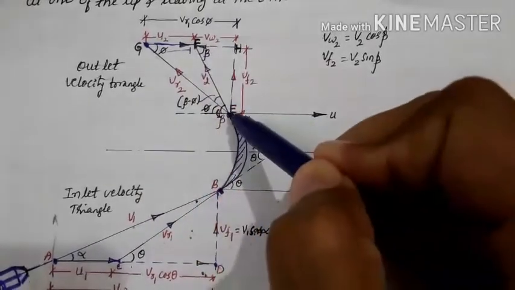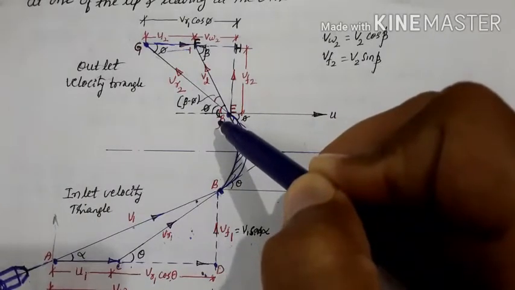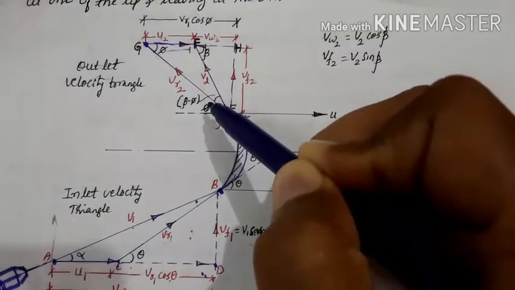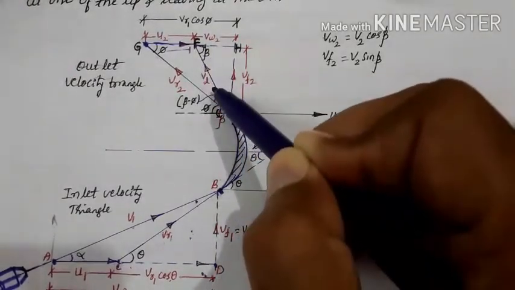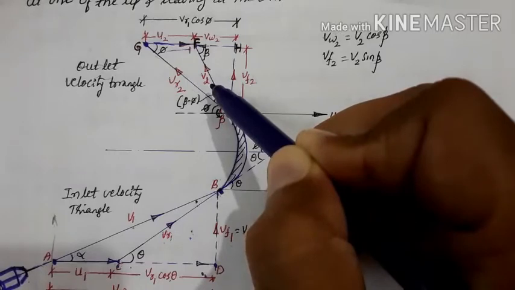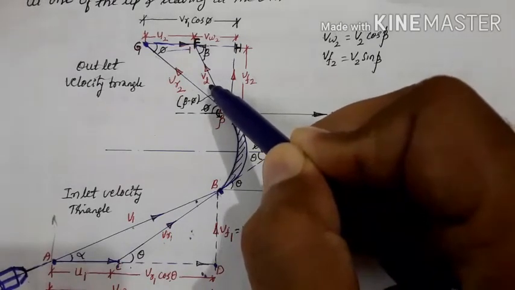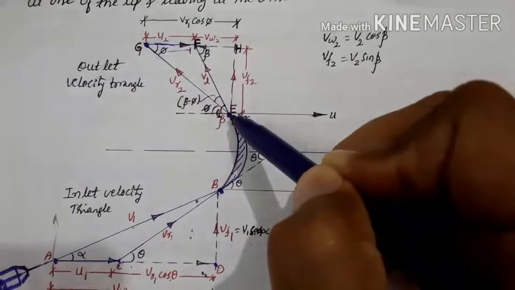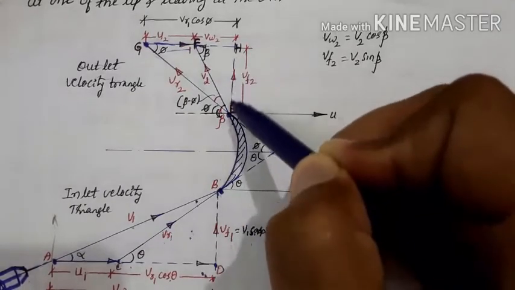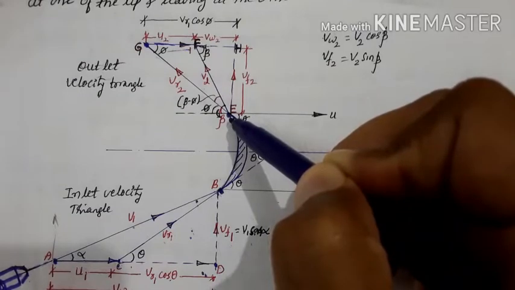Join EF, from E to F, and that represents the velocity of the jet, V2 at outlet, having both a magnitude and a direction. Then again from E, draw a perpendicular line to meet the line GF.